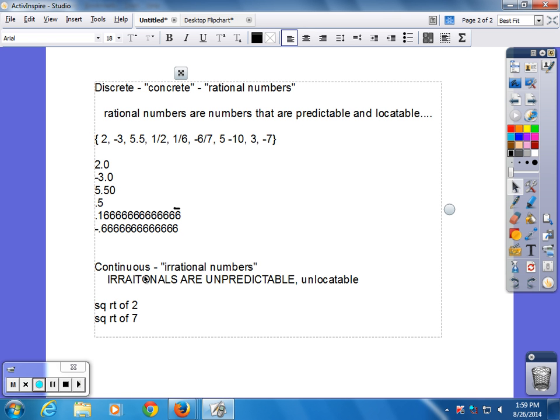And pi. All right, somebody give me 10 digits of the square root of 2. 1.41, 42, 13, 562. Anything else? All right, somebody give me the square root of 7.